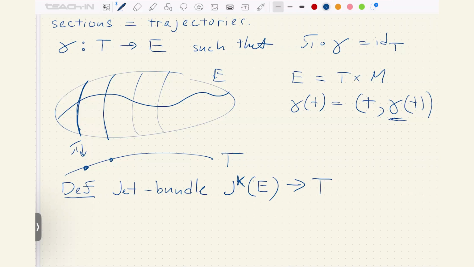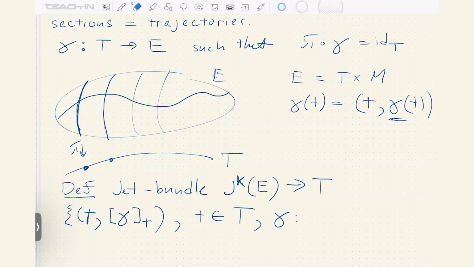Well, not only over T. What is it? It's a collection of pairs (t, [gamma]_t), where t is a point in the timeline and gamma is a section.